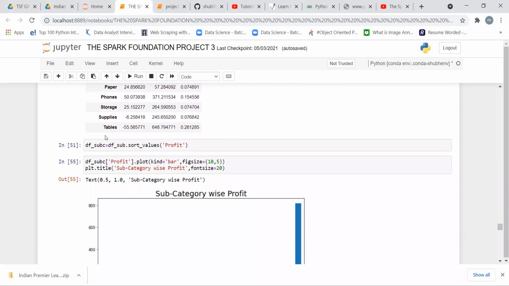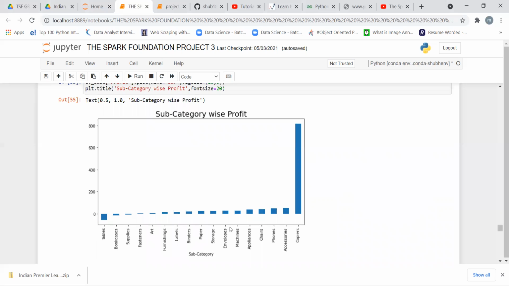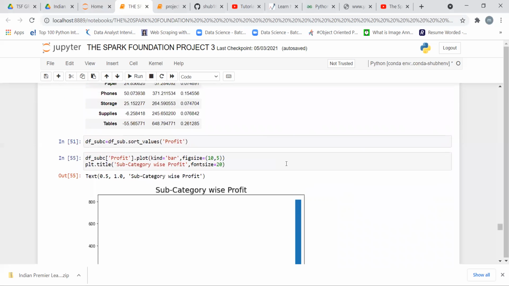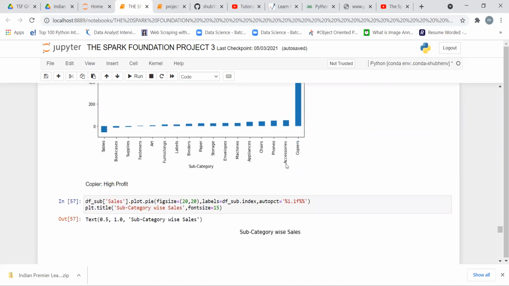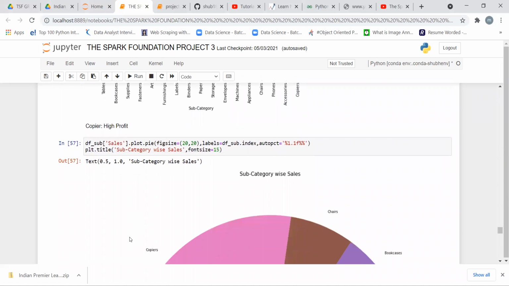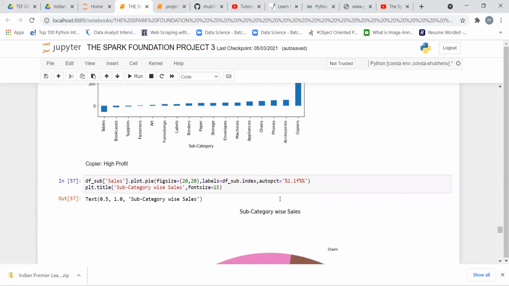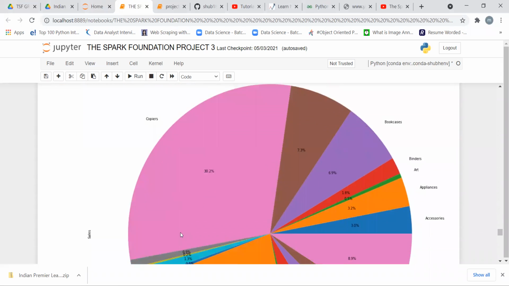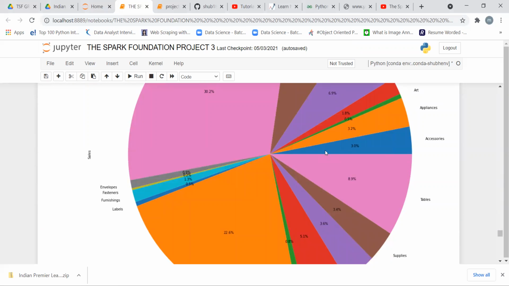Then we use a profit chart, and here copiers generate more profit than the other subcategories. Likewise, the highest sales are given to the copiers. Copiers give 30.2% sales rather than other subcategories.